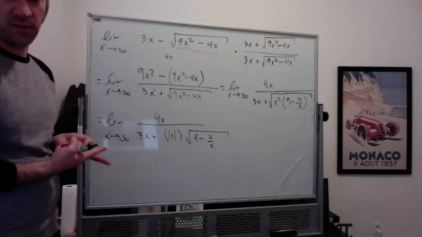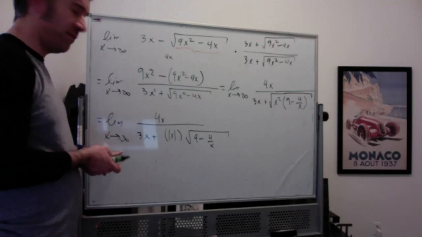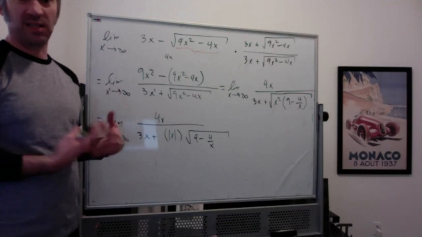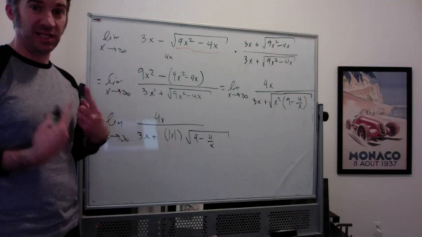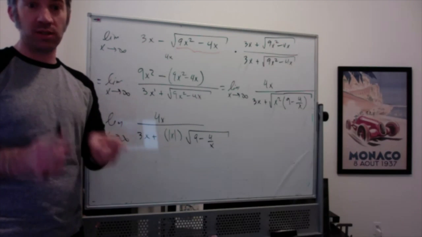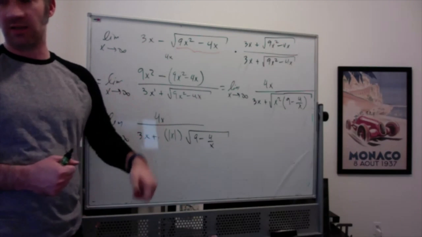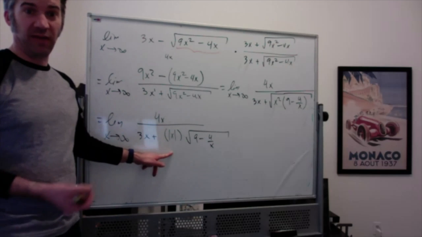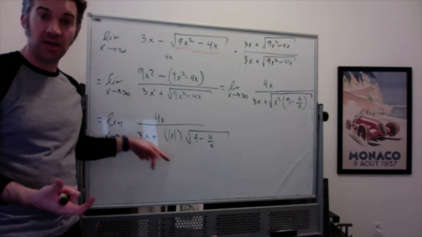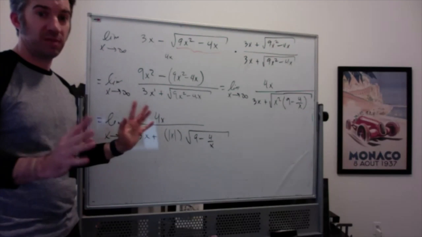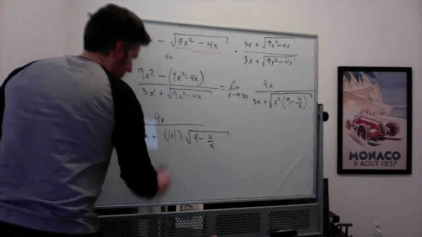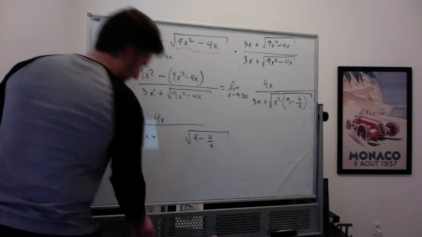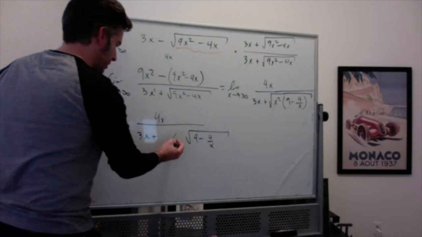In this problem, it doesn't really matter because x is going to infinity. And since x is positive, the absolute value of x is just x. But it wouldn't surprise me if someone asked a question like this where x was going to negative infinity. And then the absolute value of x you'd have to replace with a negative x. So just be aware, weird things can happen. But yes, it's the absolute value of x, which in this problem is just x.